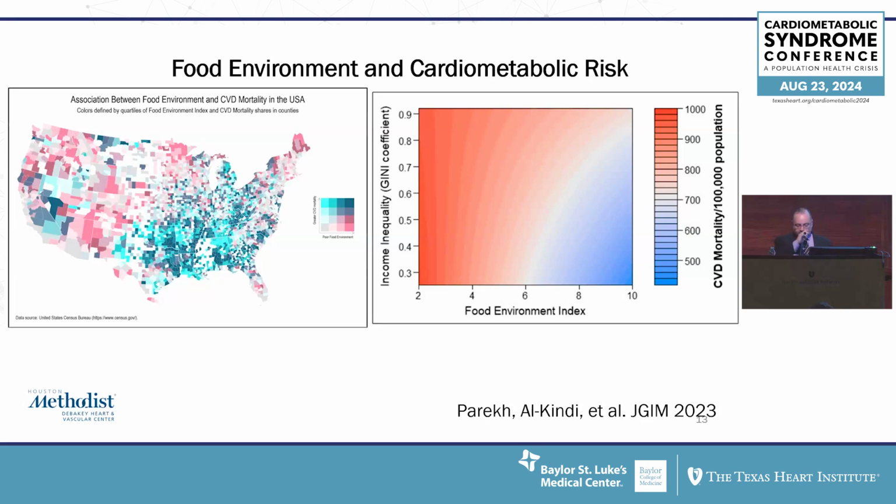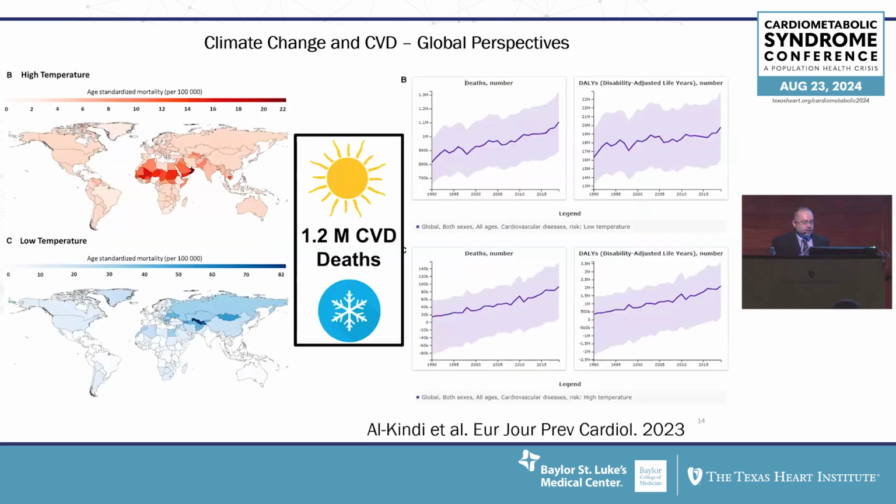There are multiple metrics we used. In this study, we used the food environment index, which is a combined metric of availability of food and food security close to you. And you can see that both the food environment index on the right side and income inequality are additive to each other in explaining cardiovascular morbidity.